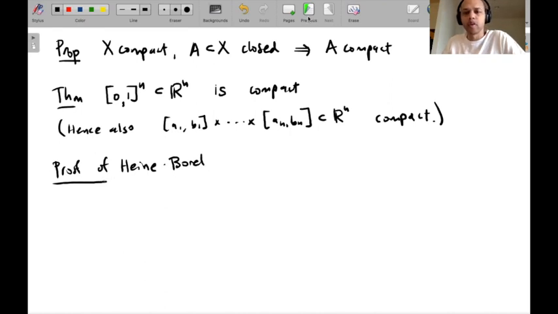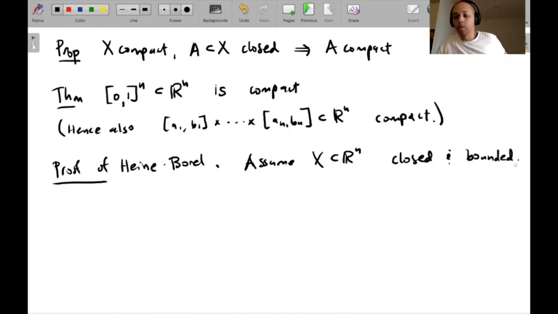So, we're proving the reverse direction. So assume X is a subset of Rn, which we know is closed and bounded. We want to show X is compact.